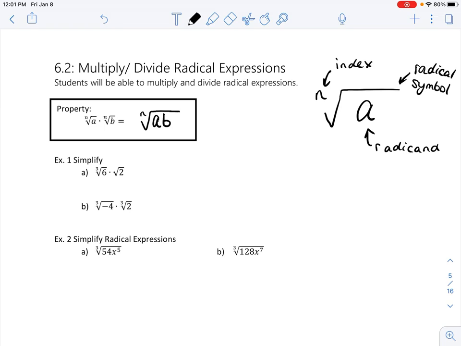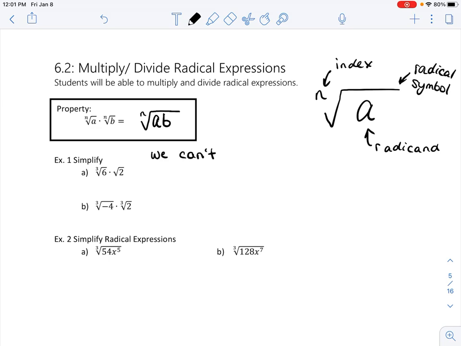So the first example, part A, we need to simplify. The thing is, what we should check for is if we can even do that. Right now we have a cubed root and a squared root. The indexes do not match up, meaning we cannot even simplify this.